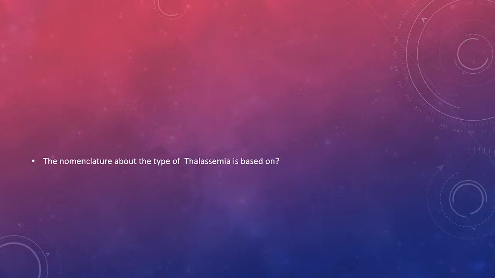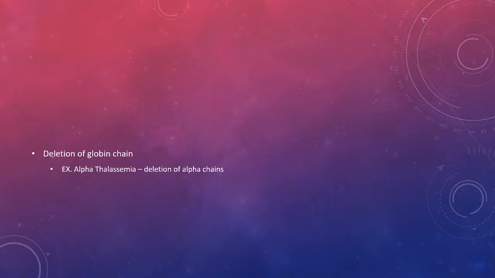All right. So the nomenclature of your thalassemia is based on the globin gene that is being deleted. I'll give you an example. Alpha thalassemia, the deletion is the alpha chain. So the deletion of the globin chain is actually the name of the thalassemia. If I ask you what type of thalassemia, you have to understand that there is a deletion of what globin chain. For example, a question was asked like this: which of the following is the abnormality in a patient with beta thalassemia?